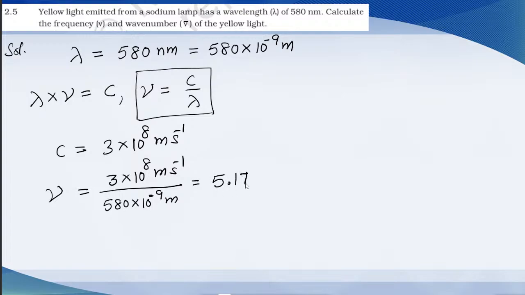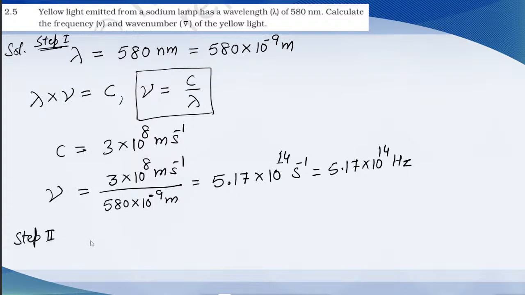Answer comes out to be 5.17 into 10 raised to power 14 per second, or we can write it as 5.17 into 10 raised to power 14 hertz. Okay, frequency is 5.17 into 10 raised to power 14 per second. This is step 1. Now step 2. Step 2 is wave number.